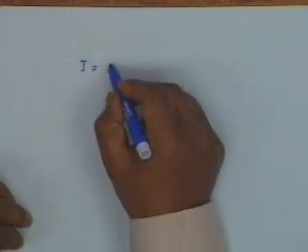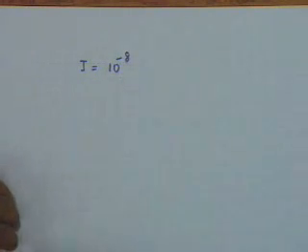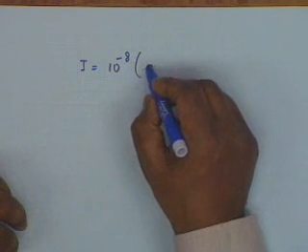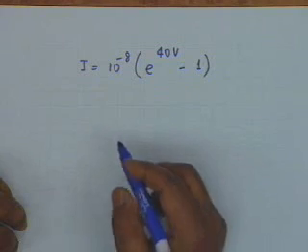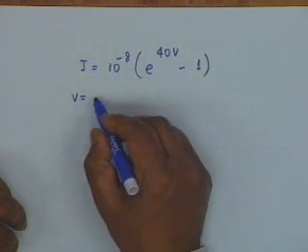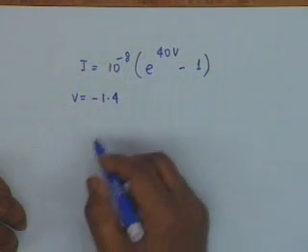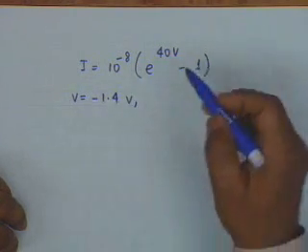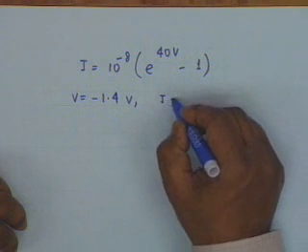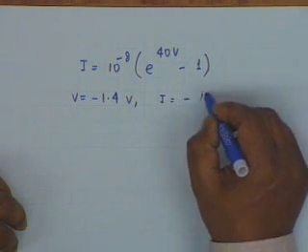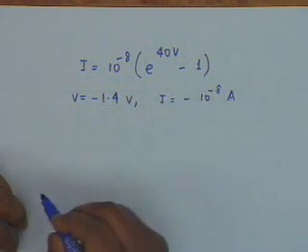I equal to 10 to the minus 8, since 0.01 microampere is 10 to the minus 8, times (e to the power 40 V, minus 1), and you have been asked to find out the current at V equal to minus 1.4. Well, obviously e to the 40 V can be ignored, and I would be equal to minus 10 to the minus 8 amperes.